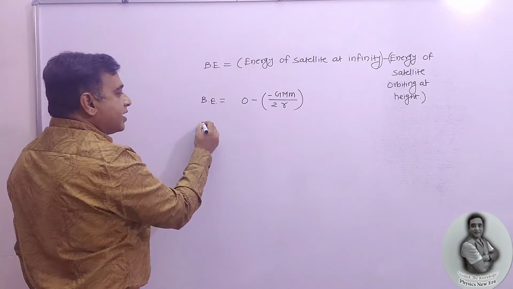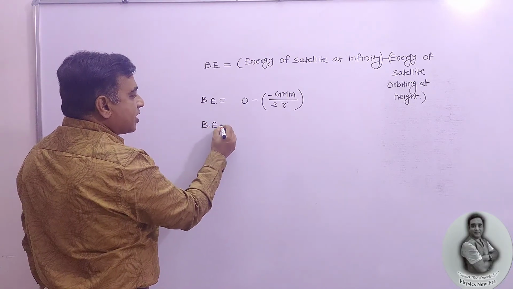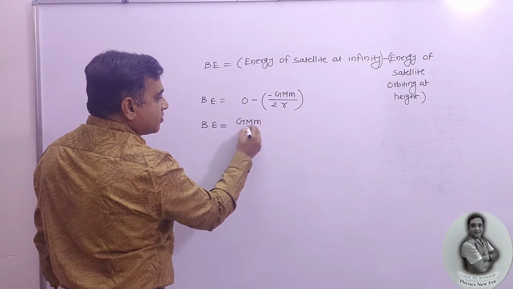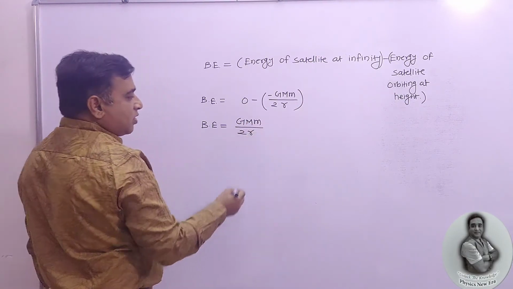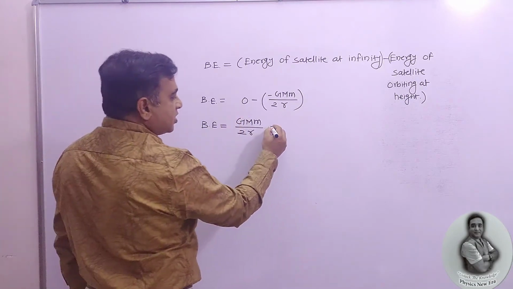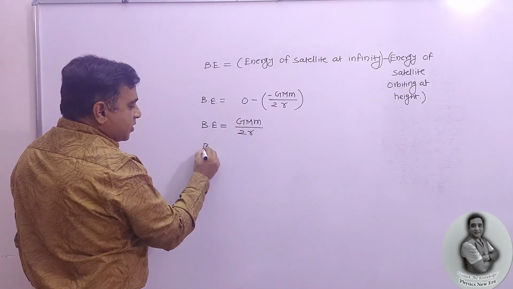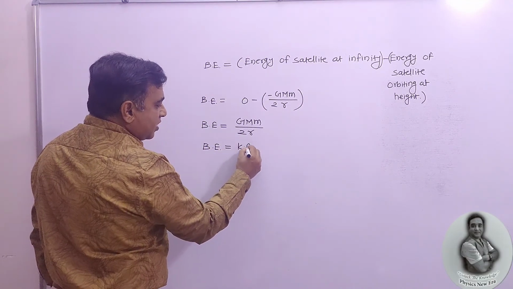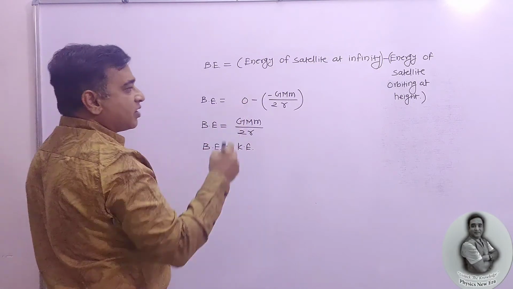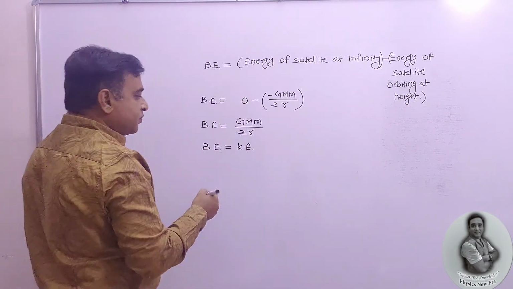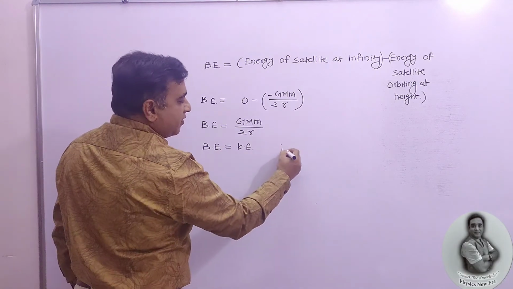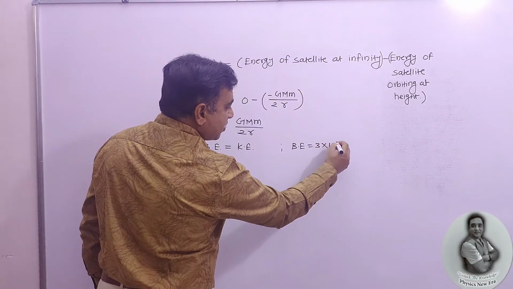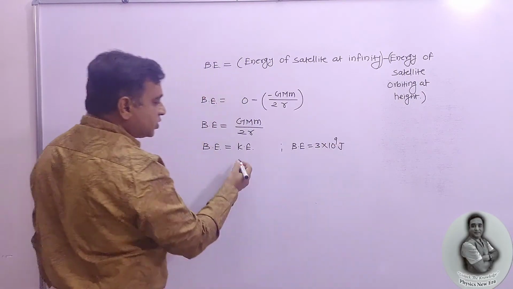So binding energy, minus becomes plus, is given by GM upon 2r. What about this value? This is nothing but your kinetic energy. So we say that binding energy is equal to the kinetic energy of revolution of that satellite orbiting in a particular orbit. And as already given, binding energy is equal to 3 into 10 raised to power 9 joule. So both are equal.